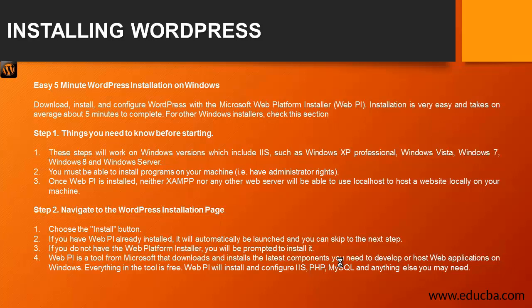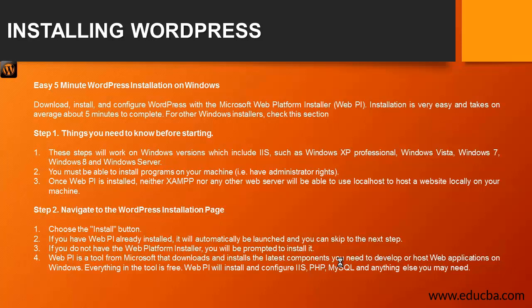The first thing to check is step 1, things you need to know before starting. These steps will work on Windows versions which include IIS, that is Internet Information Server, such as Windows XP Professional, Windows Vista, Windows 7, Windows 8 and Windows Server.